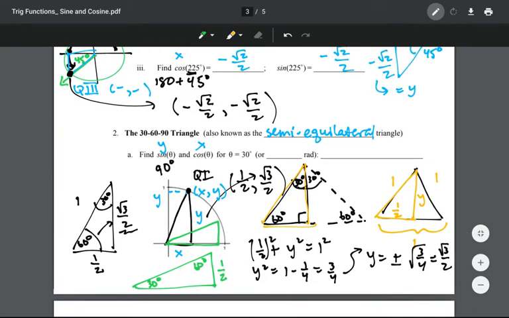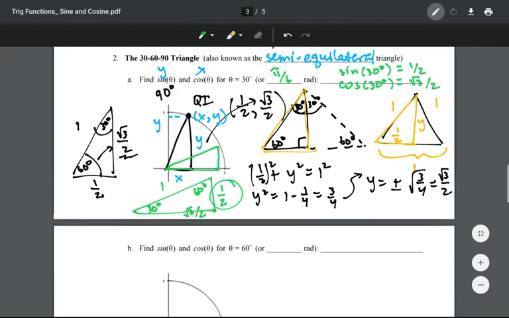The side opposite the 60-degree angle is the longer side, which is radical 3/2. And then, of course, that's 1/2. So if I want to find the sine of 30 degrees, or pi/6, the sine of 30 degrees is going to be the y coordinate, which is 1/2. The cosine of 30 degrees is going to be the x coordinate, which is radical 3/2.